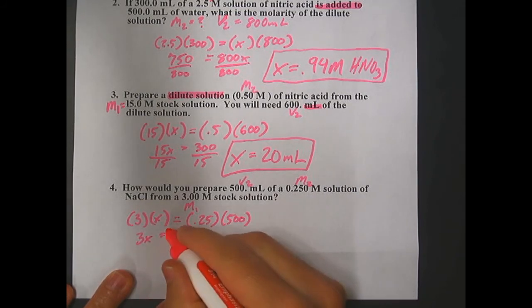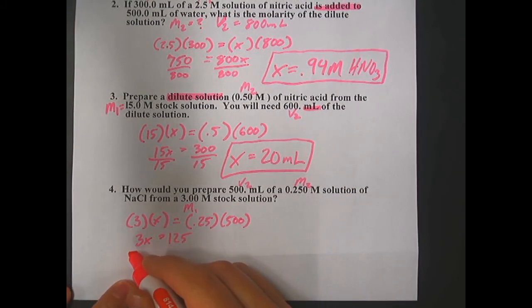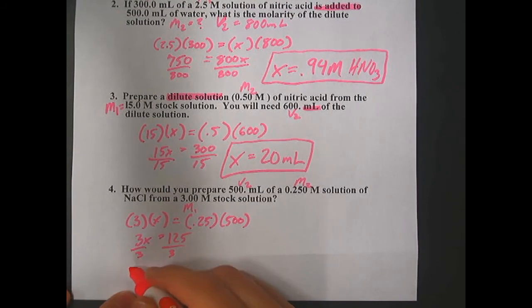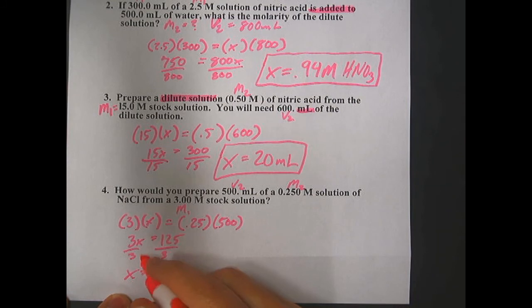Yep. 125 divided by 3, and it's 41.6666666. So we'll say 41.7.